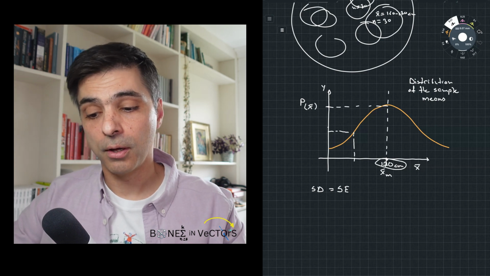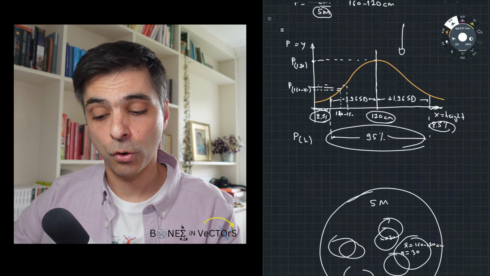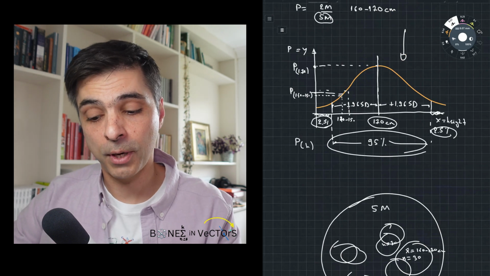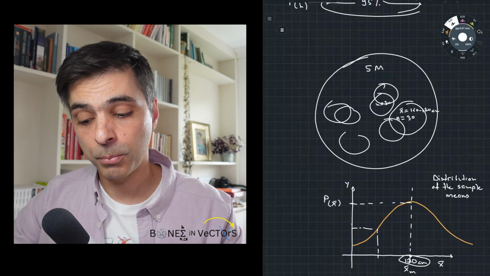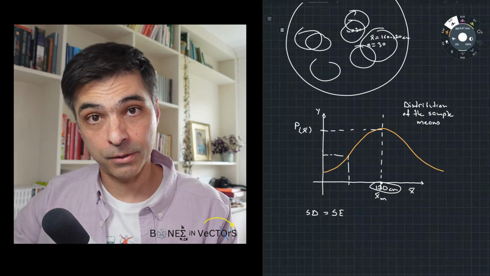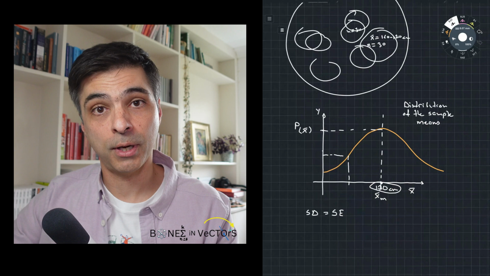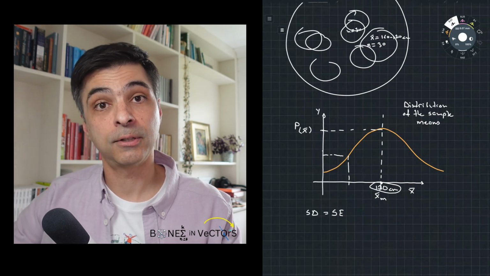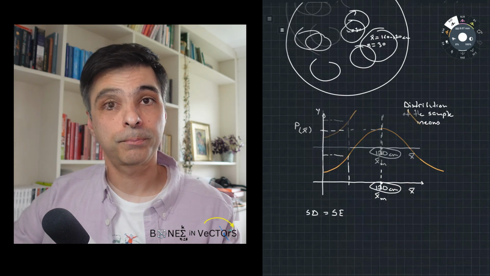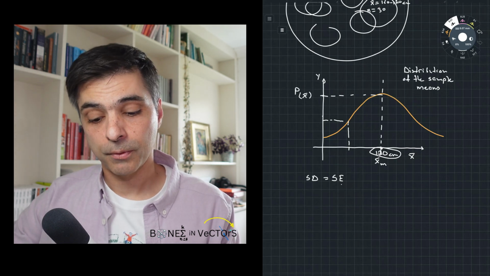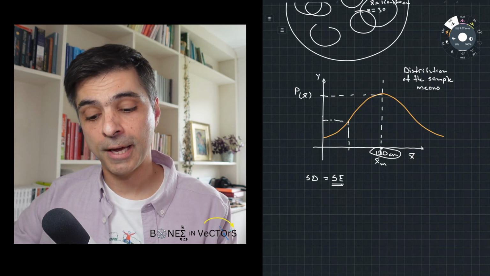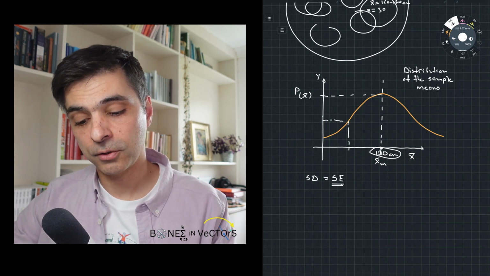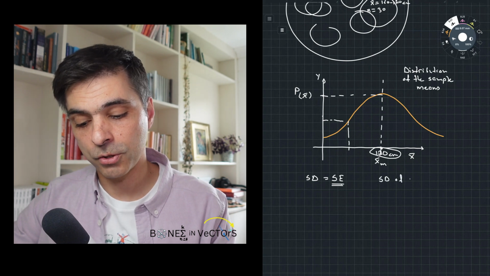So, the distribution of heights in the whole population has a standard deviation, and the distribution of the means of heights in the same population has a standard deviation that we call the standard error. Now, this standard error can be calculated if we know the standard deviation of the population.